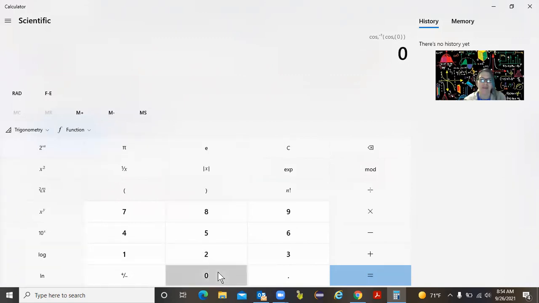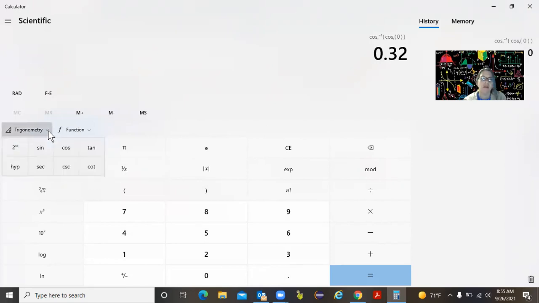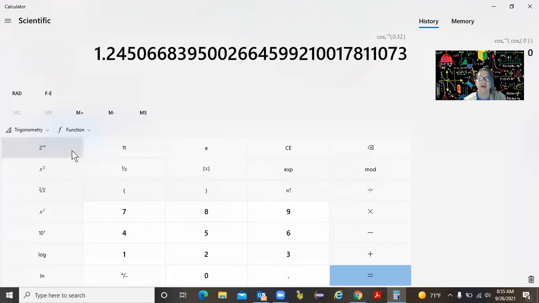And then I'm going to just type in 0.0. Look how it's coming up right there. So in this one, I should have practiced it first. In this one, I believe you're going to do the 0.32, then do the cosine inverse. There we go. So you see it showing up there what it just did.